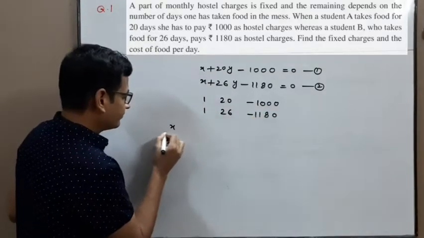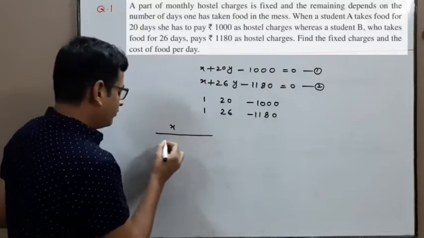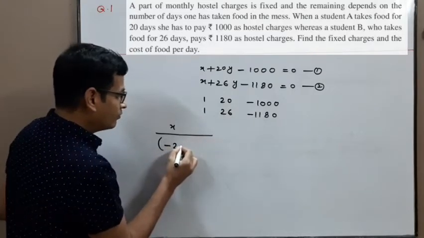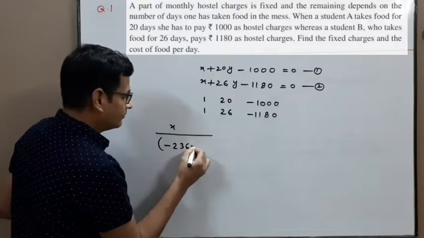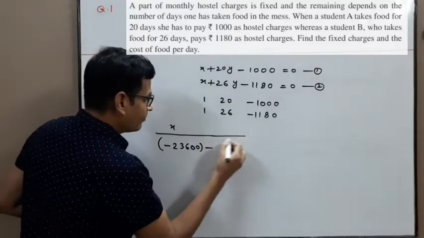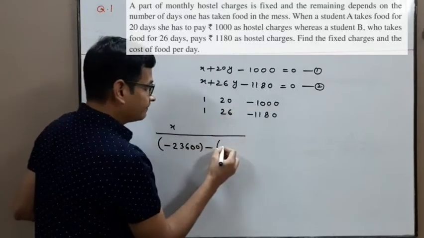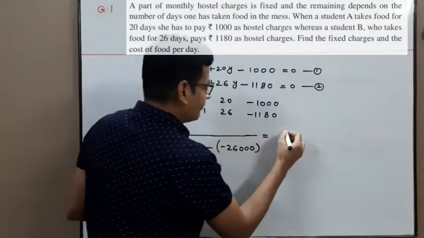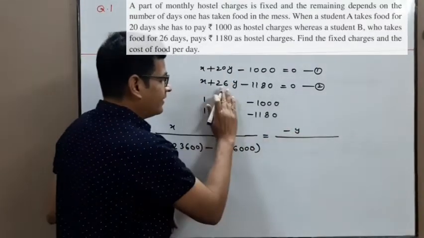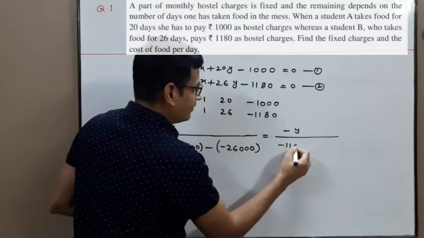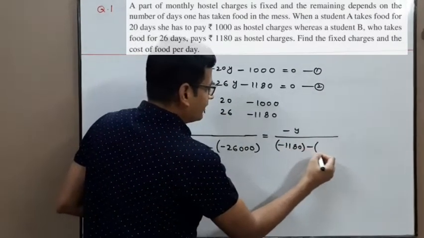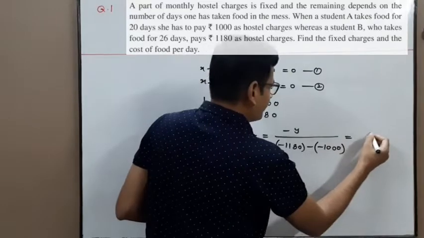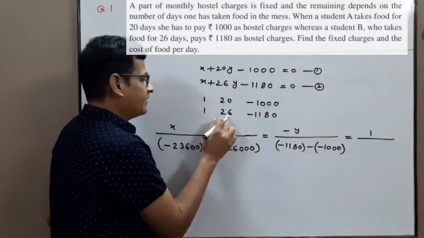Now x upon, two brackets. In the first bracket this into this, so minus 23,600 and 20 minus; in the second bracket this into this, so minus 26,000, equal to minus y upon, hide this into this, so minus 1180 minus this into this minus 1000, is equal to 1 upon 26 minus 20.